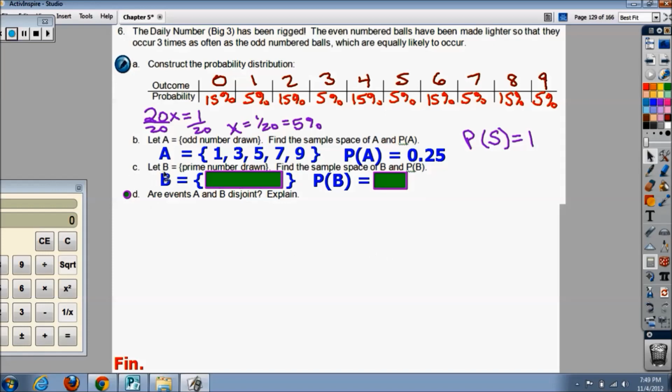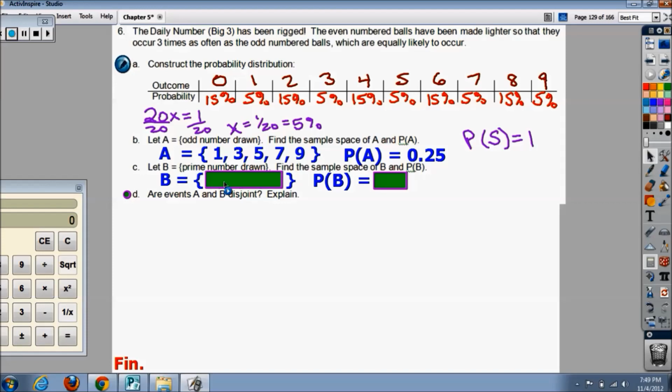For part C, it says let B represent a prime number is drawn. And again, this is where I always assume that everybody knows the definition of a prime number. That it's a number that the only numbers that can go into it are 1 and itself. But those two things, 1 and itself, cannot be the same. So 1 is not prime, nor is it composite. It doesn't fit either.